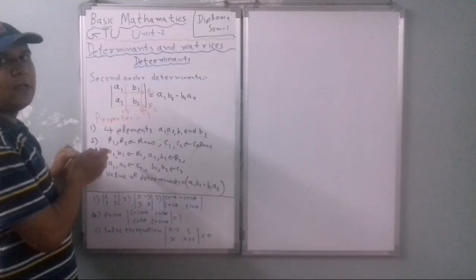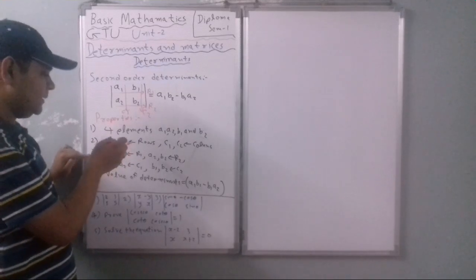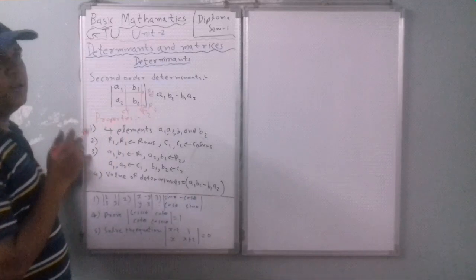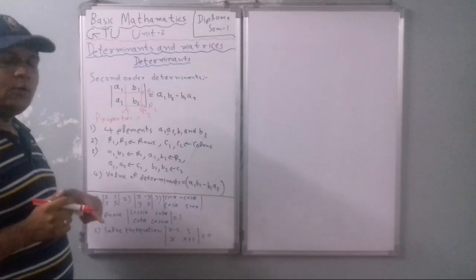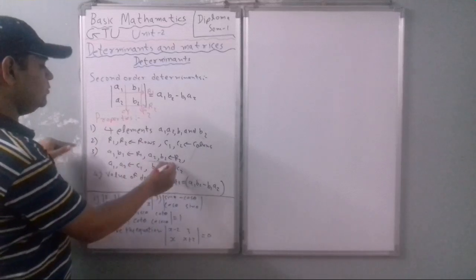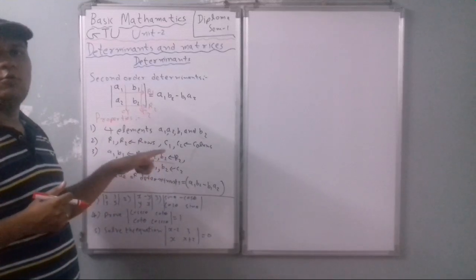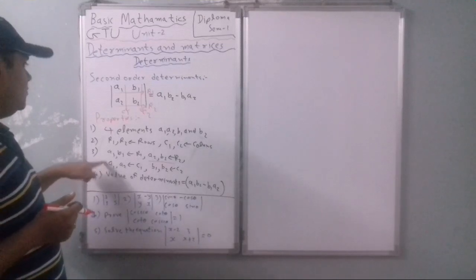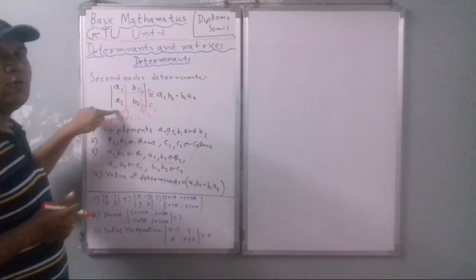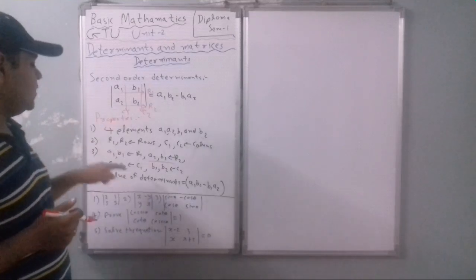A1 and B1 are elements of row 1. A2, B2 are elements of row 2. A1, A2 are elements of column 1.